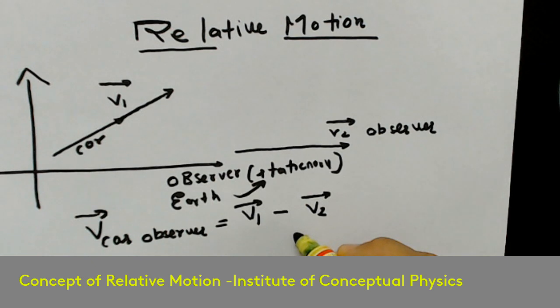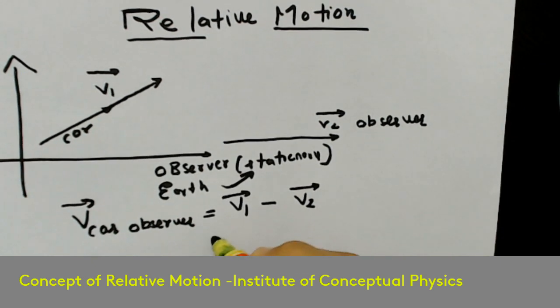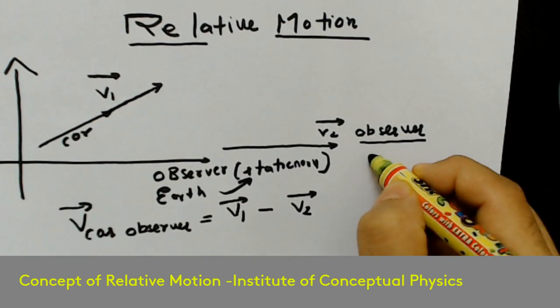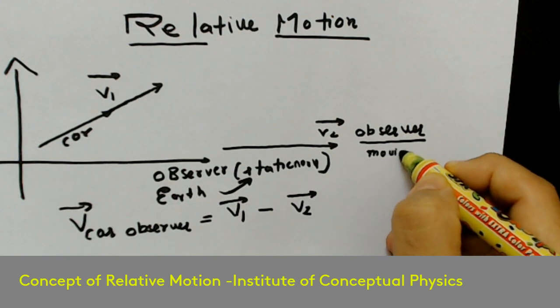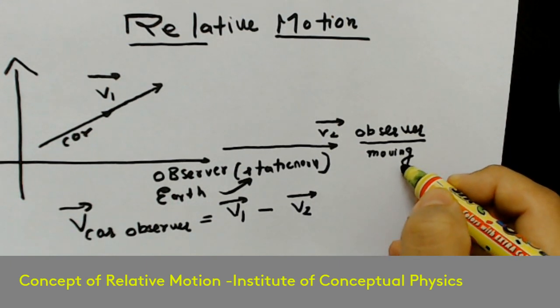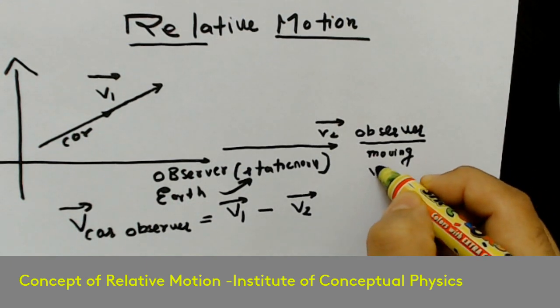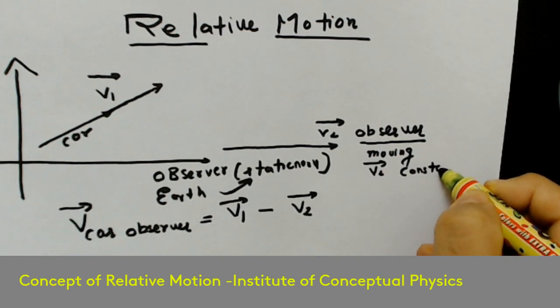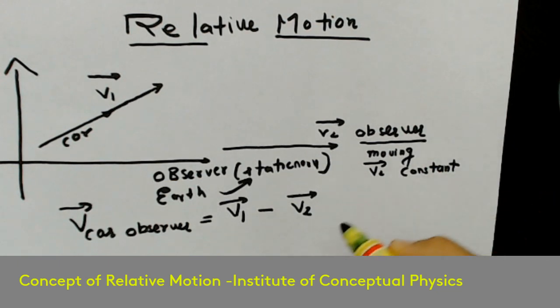So when you subtract these two, what you get is the velocity of the car as seen by the moving observer, right? So this is a moving observer with a velocity v2, and the velocity v2 has been assumed to be constant velocity. Okay, so we are not assuming accelerated motion of any of the bodies.